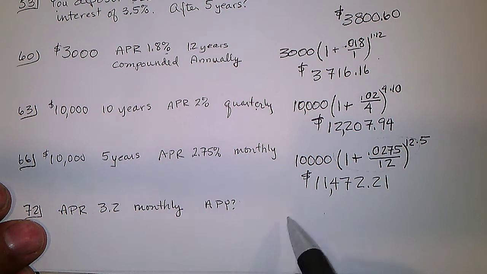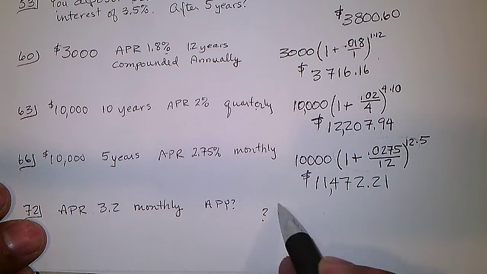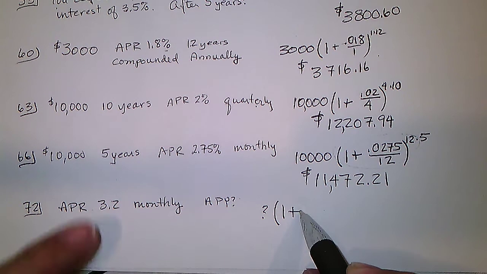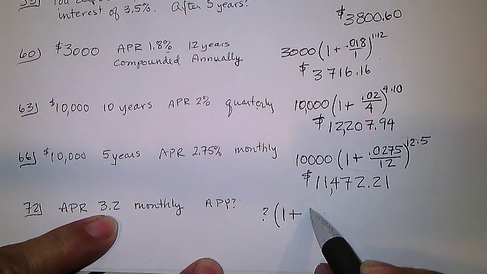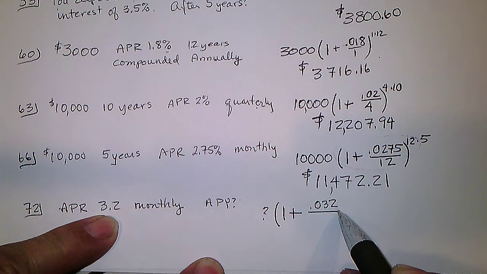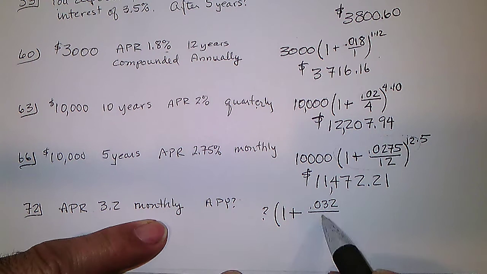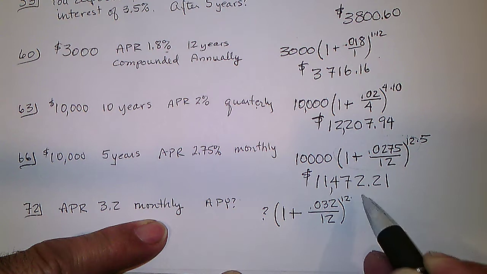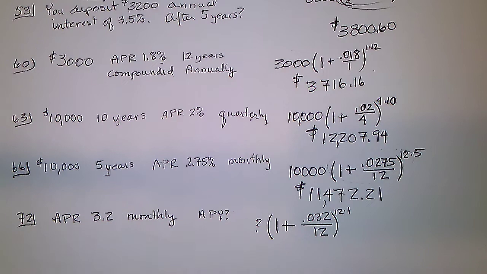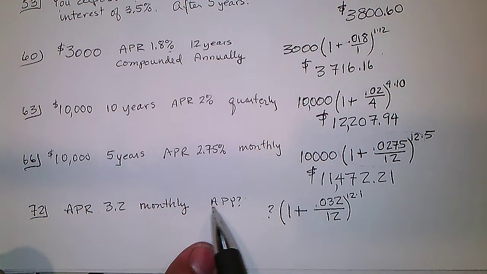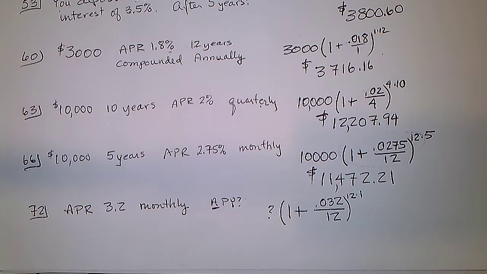So, some amount, and it's going to be 1 plus the APR, which is 0.032 over monthly, 12. We have to do this 12 times 1 year, because we're finding the annual percentage yield. So annual means 1 year. That's why we're doing 1 there.